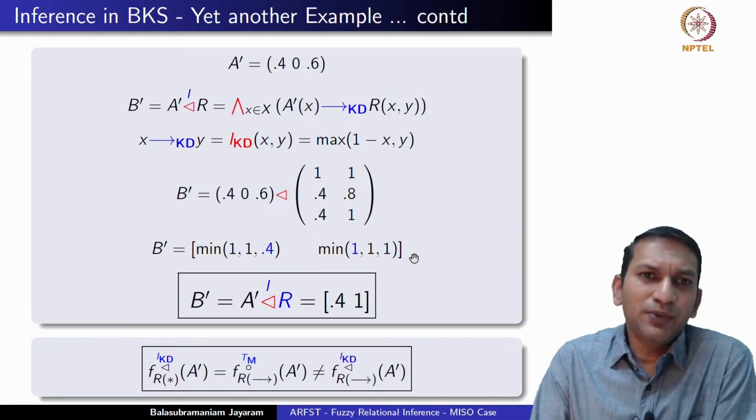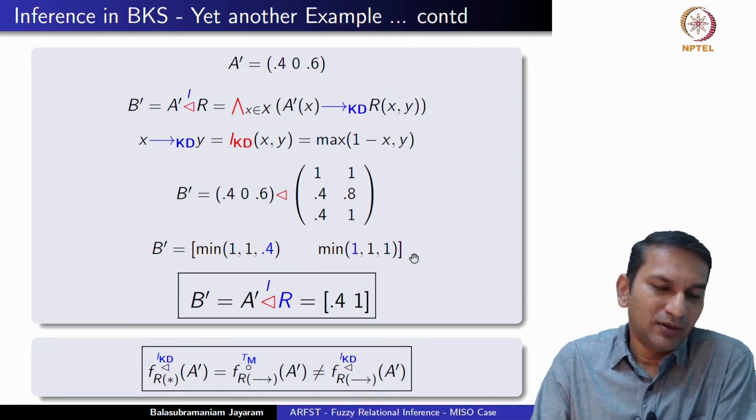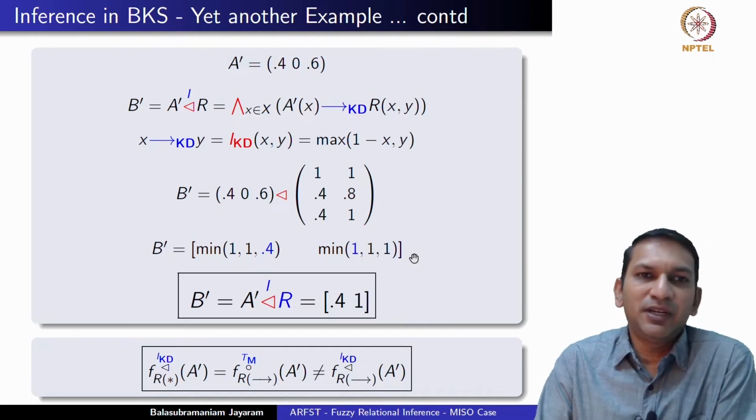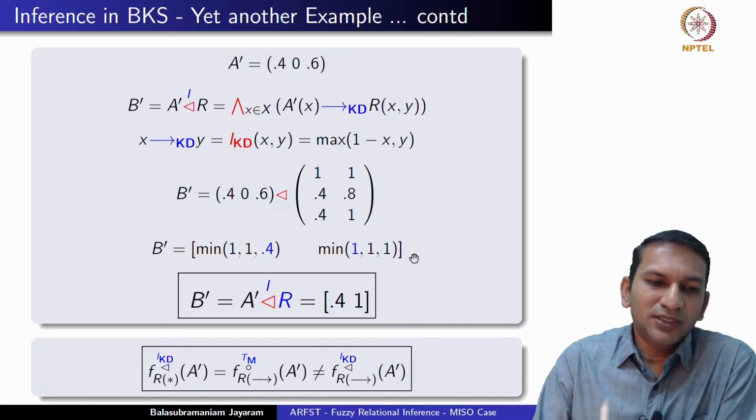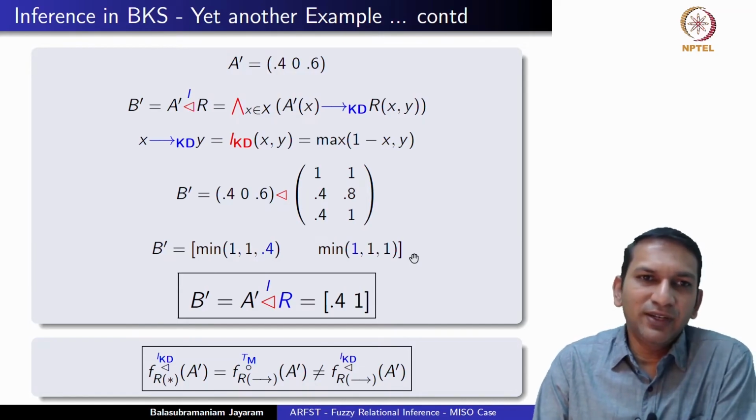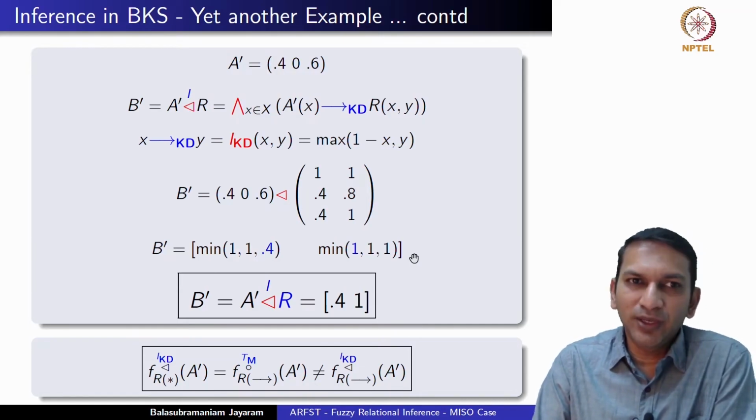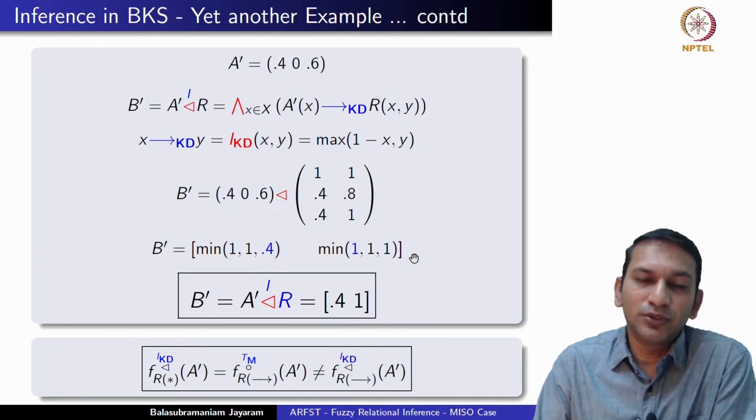This spawns many questions. A few of them definitely we will be addressing as we go forward. Well, this was just to illustrate that for a given A dash, the B dash is not unique. It depends on so many operators that you use. So the degrees of freedom are quite a lot, and it depends on the choice of operators that you have.